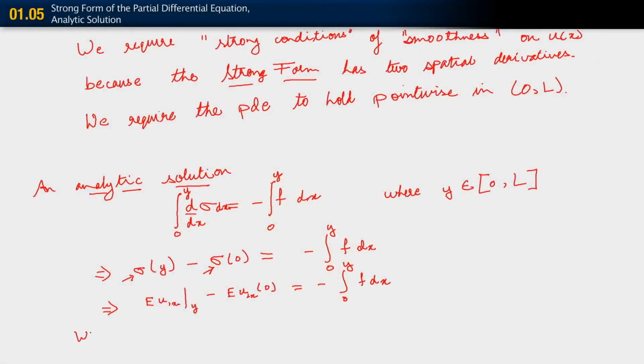Now, in what is actually somewhat of an abuse of notation, let me simplify and write this as E du dy equals minus the integral 0 to y of f dx plus E du dx evaluated at x equals 0.